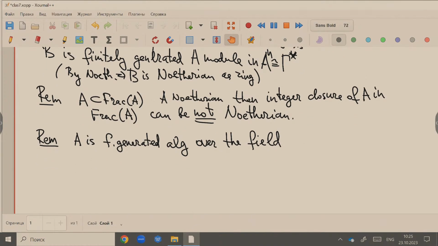There is the Noether normalization lemma, that tells you that there is a subring of polynomials.